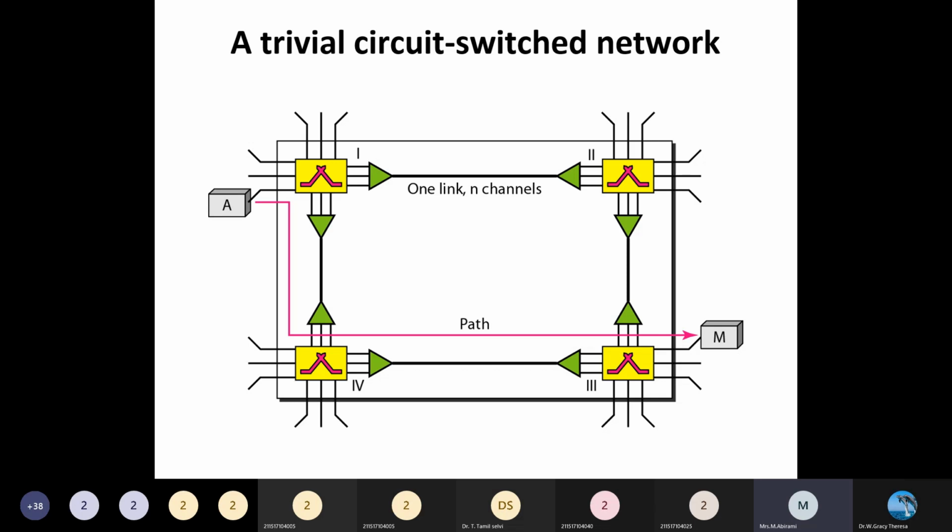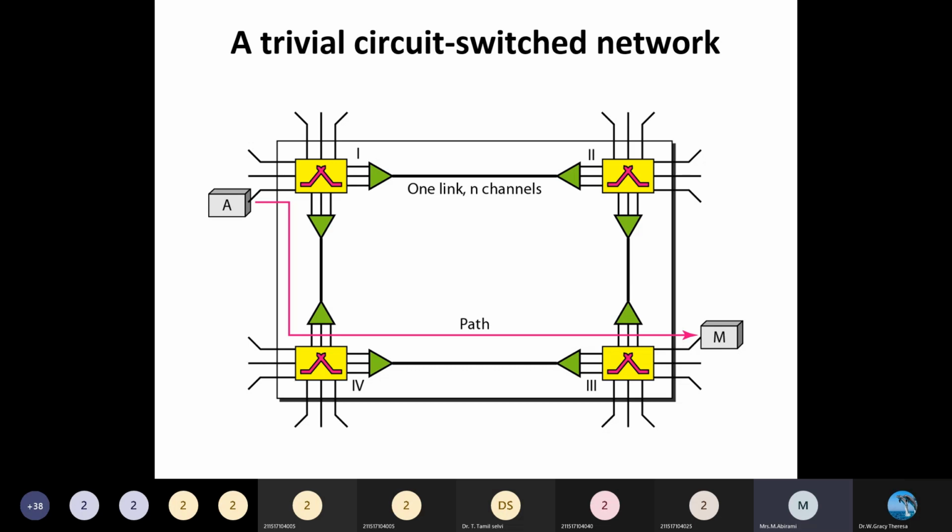Each connection uses only a decided channel on each link, which is the best path, and shares the link among them. Each link is normally divided into n channels, using frequency multiplexing and time division multiplexing.